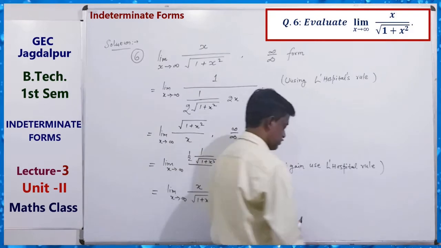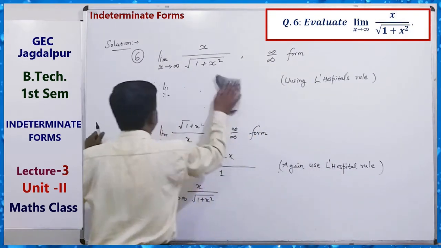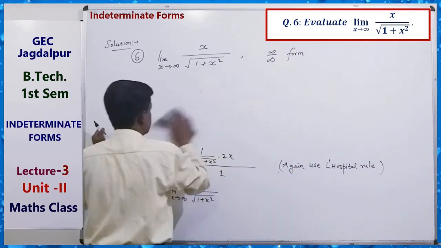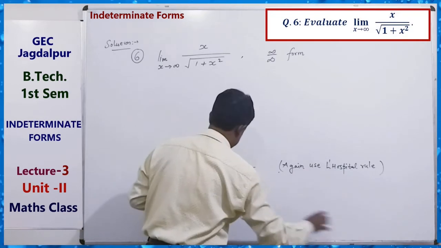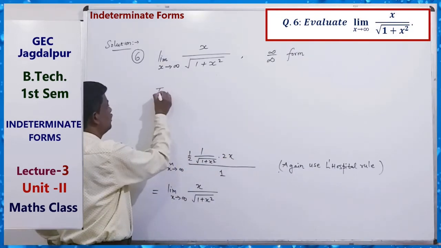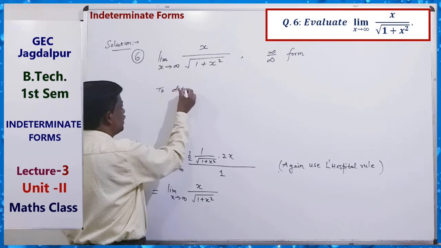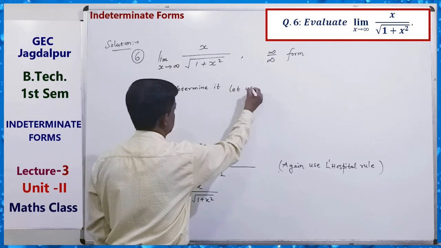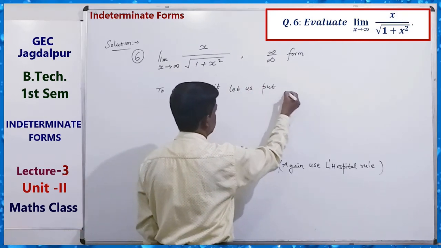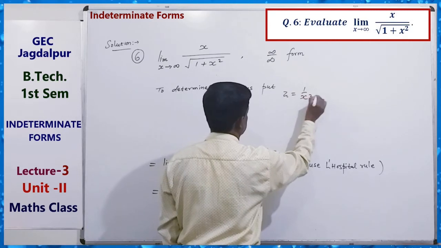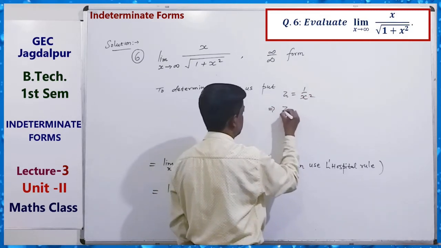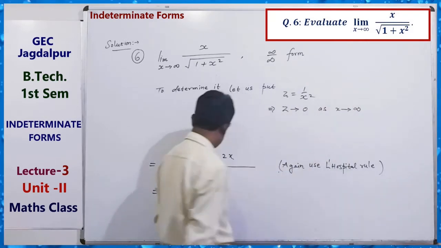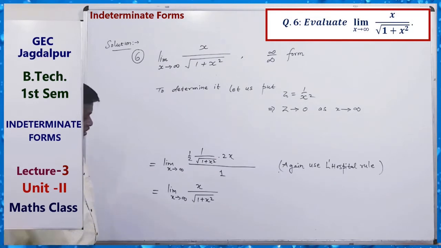So to determine it, let us put z equal to 1 by x square. Then z tending to 0 as x tending to infinity. Now it can be solved.